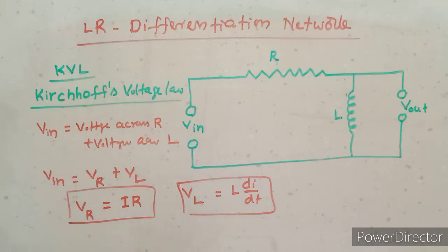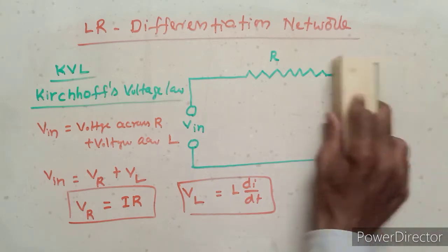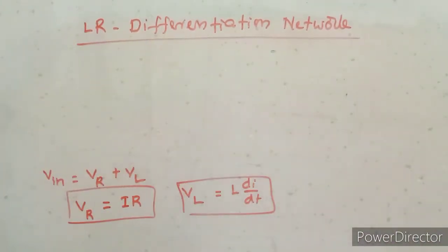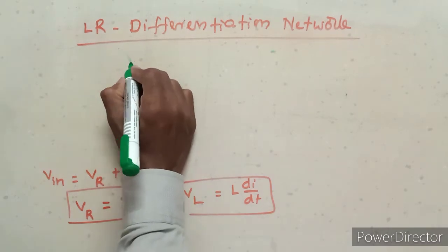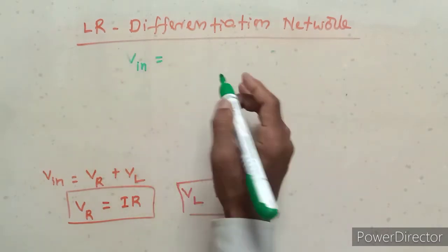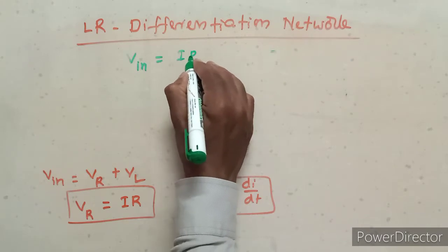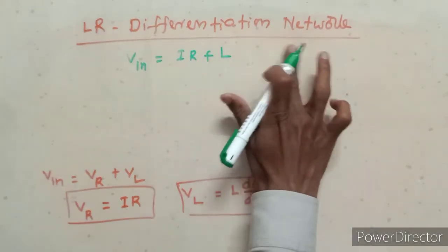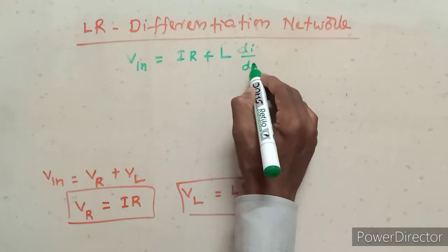Substituting these two terms in this equation, input voltage equals IR plus L di upon dt.